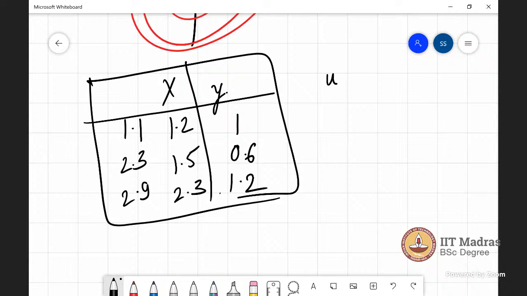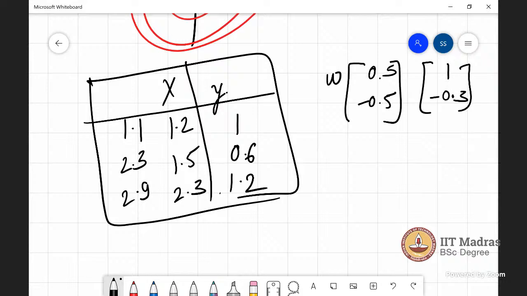And we have 2 weight vectors also, one for ridge and one for lasso. 0.5, minus 0.5, and 1, minus 0.3. So I think this one stands for W ridge and this one is for lasso.